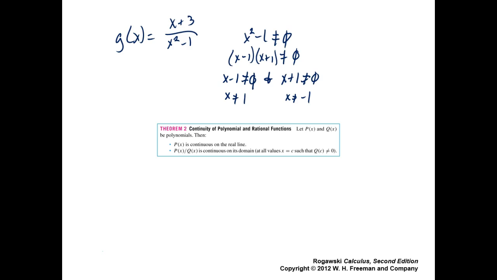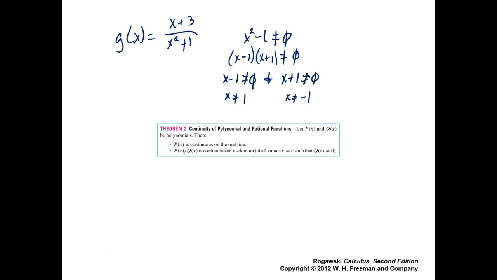Now, what if that had been a plus there? Is that continuous? Yes, because there's no place that denominator can ever equal 0. Because the smallest x squared you can have is when x equals 0. 0 squared is 0, plus 1 is 1. Positive number, not 0.